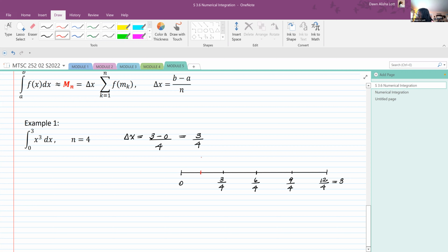That midpoint is 3/8. 3 plus 6 is 9, so I get 9/4 divided by 2, which is 9/8. 6 and 9 is 15, so 15/4 divided by 2 is 15/8. And then 9 and 12 is 21, so 21/4 divided by 2 is 21/8. Okay, midpoint rule, so far so good.